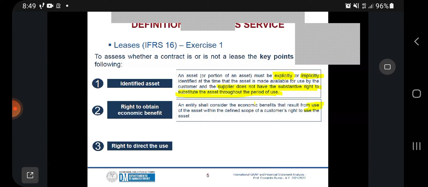The lessee cannot benefit from, for example, the residual value of the asset at the end of the contract, because if the ownership of the asset remains with the lessor, it's the lessor that can sell the asset and obtain benefit from its residual value. The lessee has the right to use the asset. So we need to focus only on this type of benefit, considering the scope of the contract.